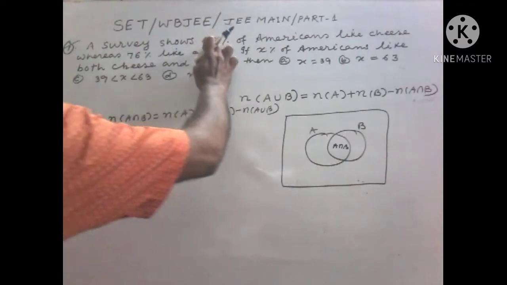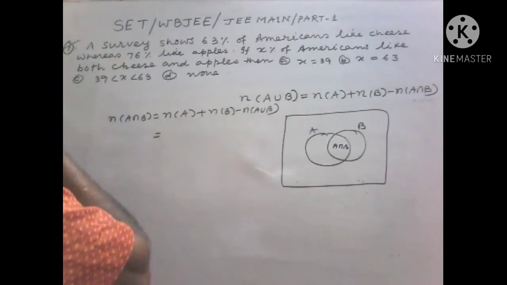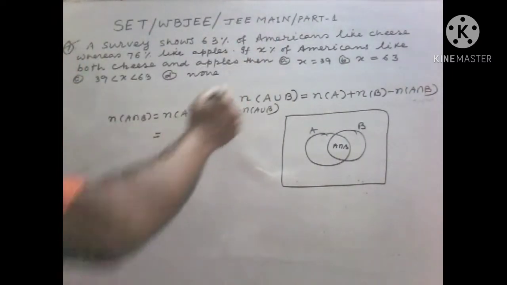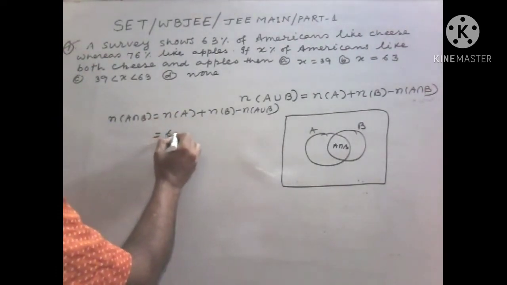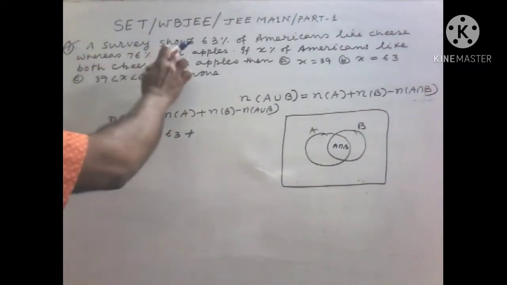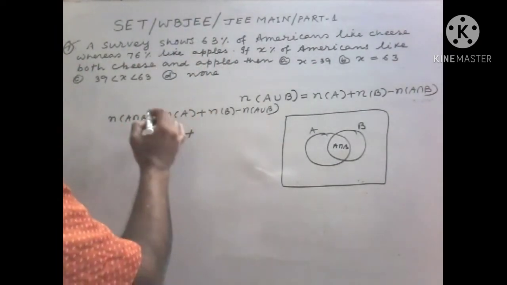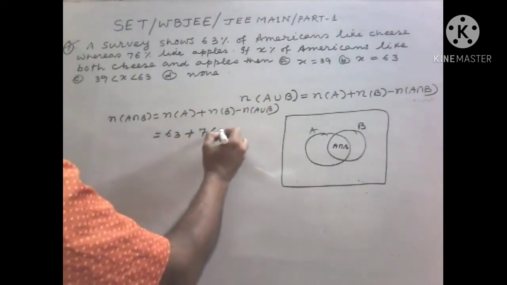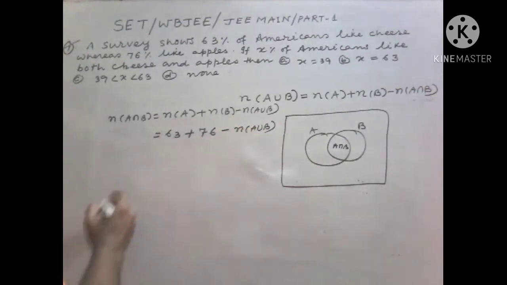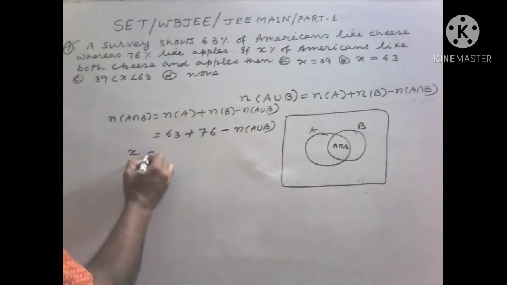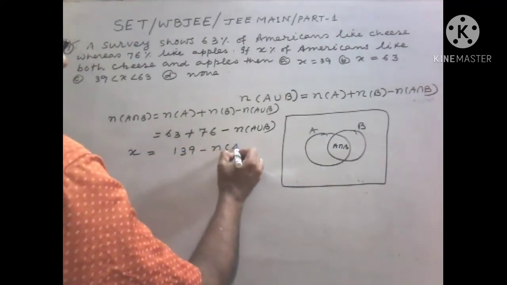A survey shows 63% of Americans like cheese. Suppose A is the set of persons who like cheese. So this is 63. And n(B), the number of persons who like apples, is 76, and minus n(A union B). So this is x. So x equals 139 minus n(A union B).